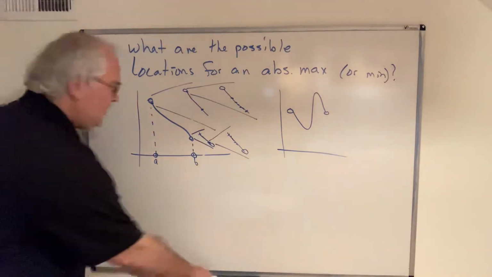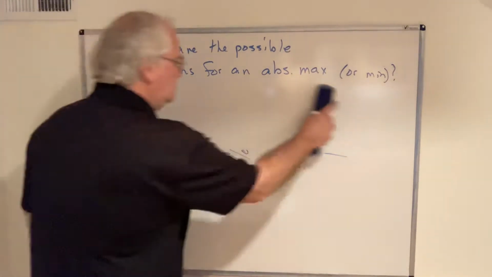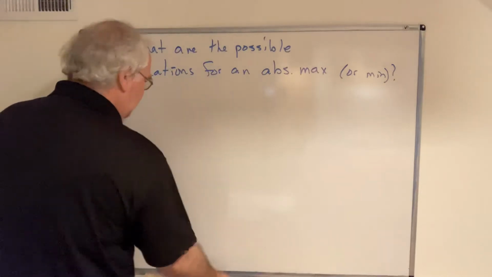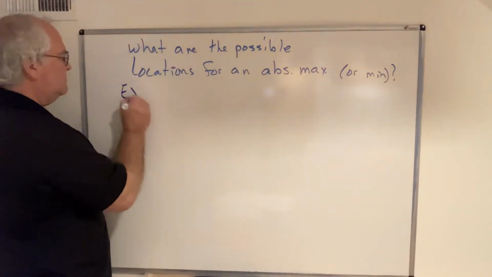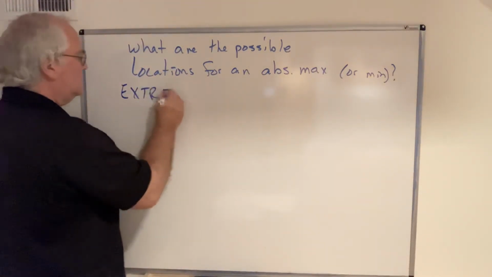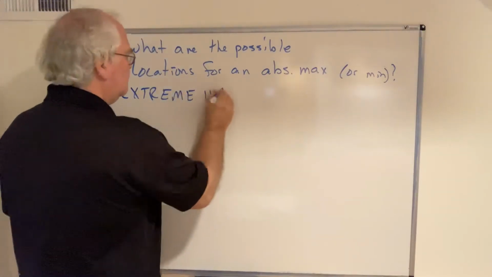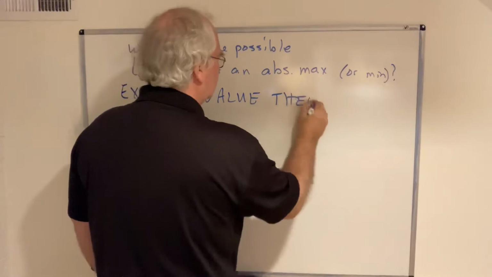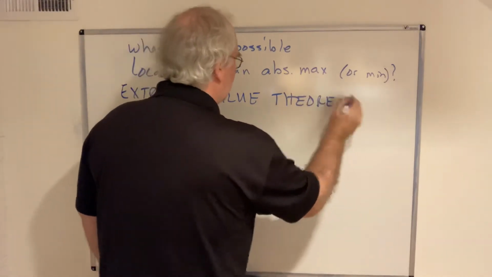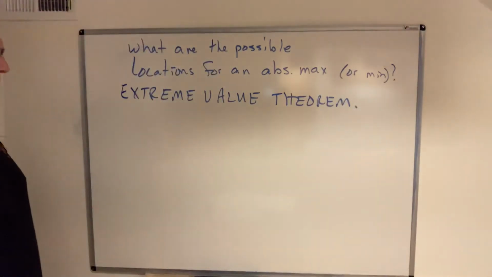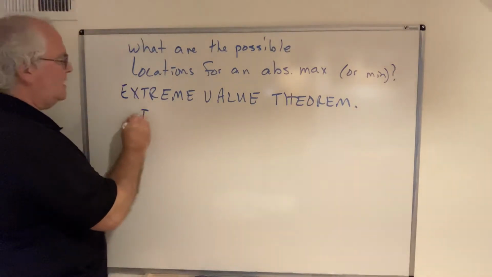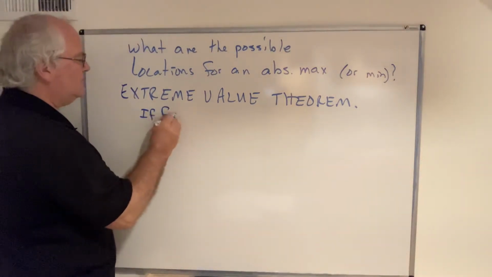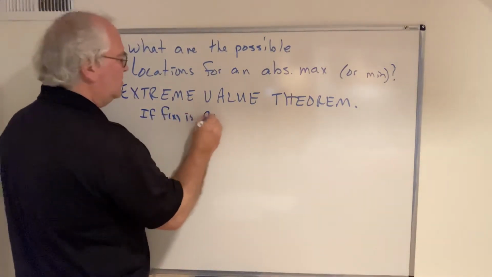And so, we get the following notion. We get the extreme value theorem. It says this: if f of x is continuous.